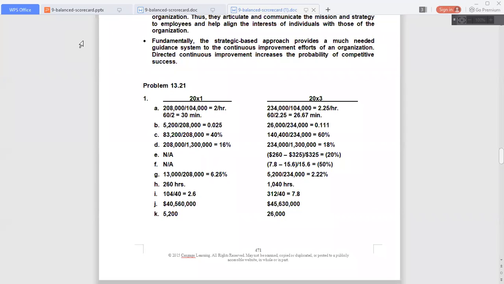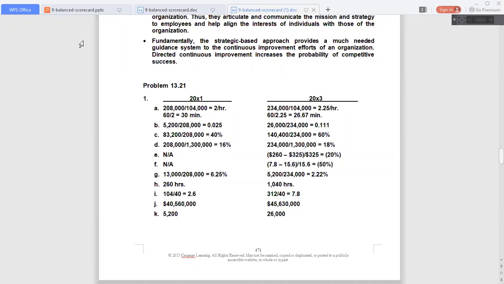Letter H, total training hours given is 260 and 1,040. Then letter I, suggestions per production worker. So the total number of suggestions, 104 divided by 40. And the second column, we have 312 suggestions divided by 40. Here in the case of letter I.